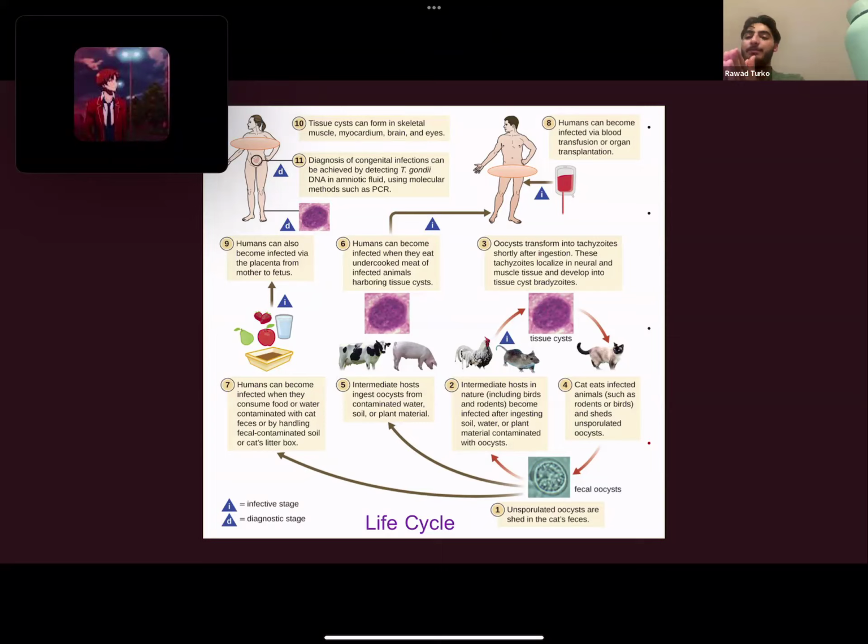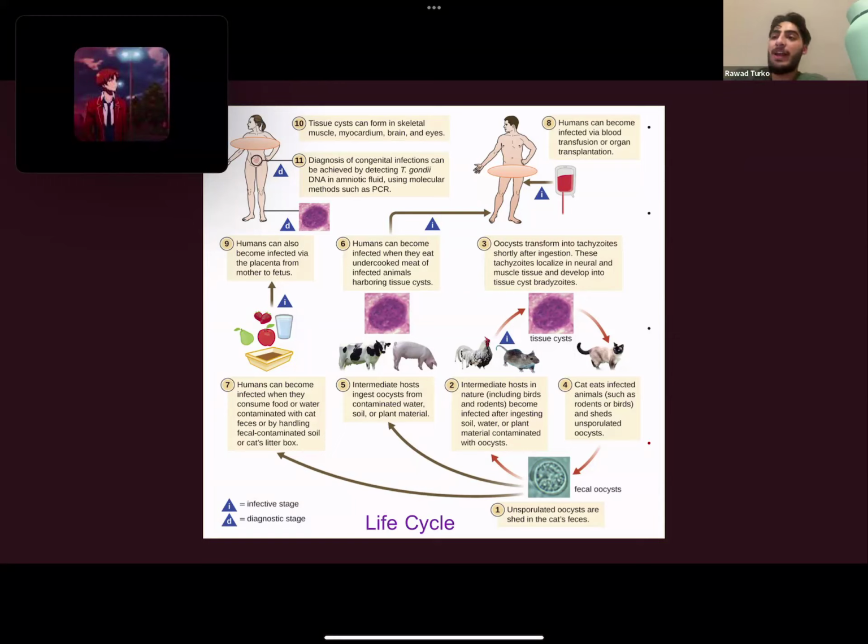So for example, you have a cow who's going to ingest these oocysts from a cat's feces, and then they're going to develop tissue cysts. And then humans are going to eat the uncooked meat of that cow. Then they're going to be infected with Toxoplasma gondii. Okay? Or it can skip that intermediate host and go straight into the human.